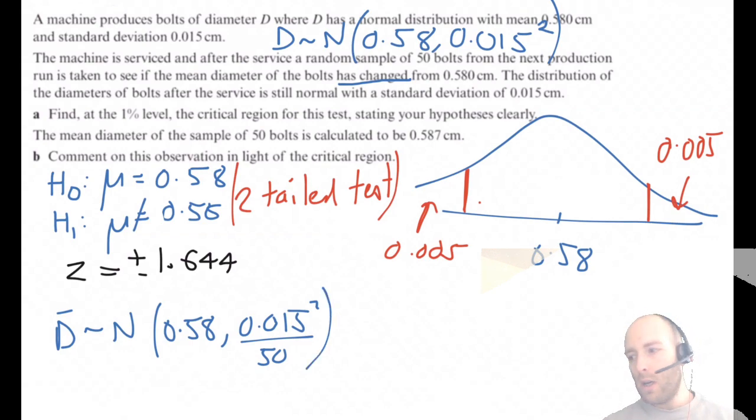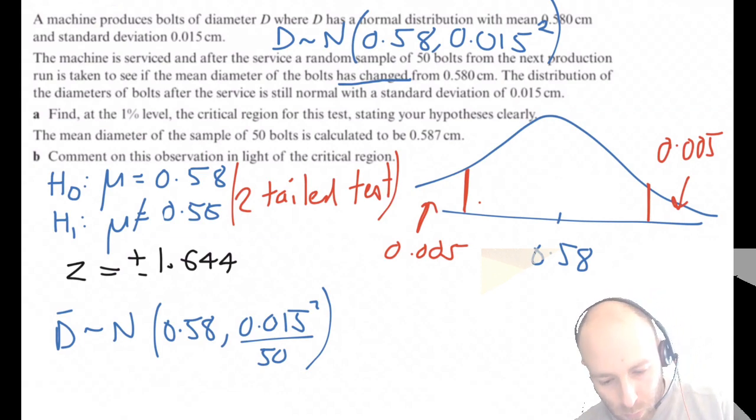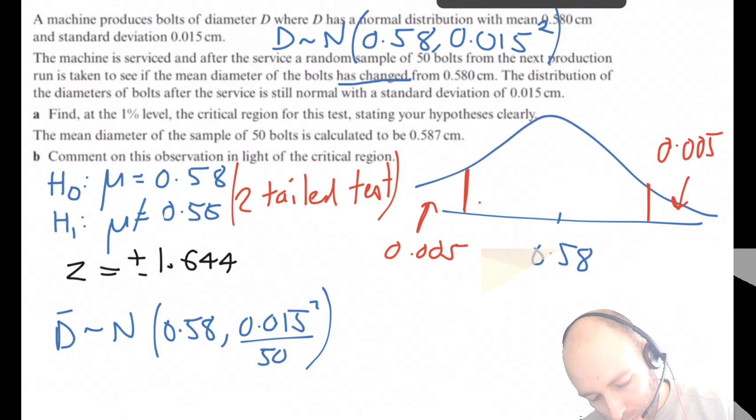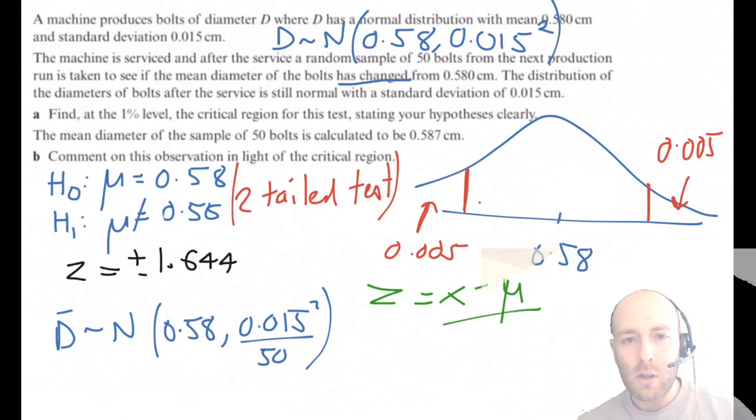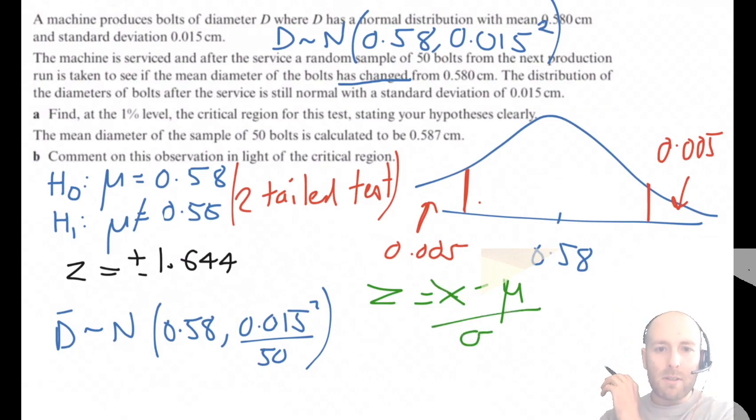So we're going to code our Z value into a D value using our standard sample means. So we're going to use the equation as we had it before, Z equals X minus mu over sigma. The only difference now is sigma isn't going to be sigma.